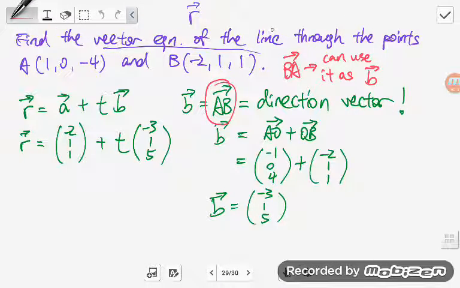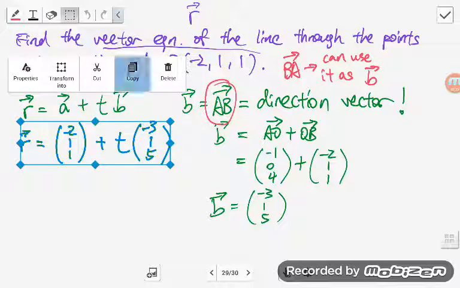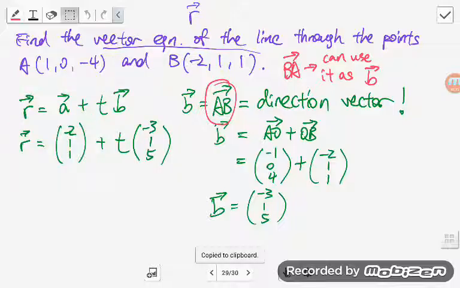Now the vector equation of my other line is here, right? That example was a bit harder, right? It was a harder example where they gave us 2 points that are on the line, but they did not give us the direction vector.